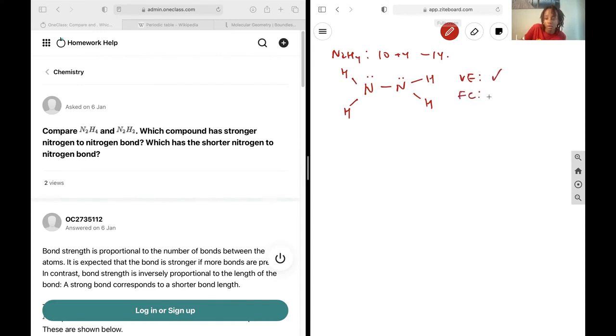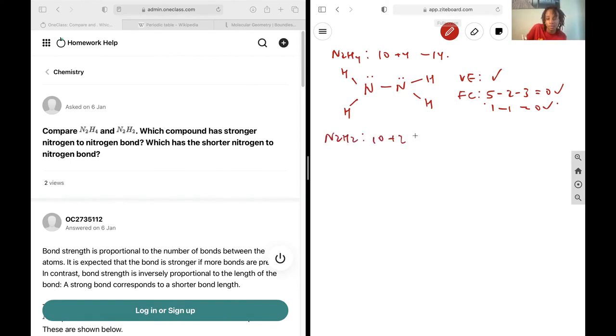Formal charges on each of the nitrogens, you'll get 5 minus 2 minus 3, 0 as expected. On each of the hydrogens, you'll get 1 minus 1, 0 as expected. So this is definitely the correct Lewis structure.